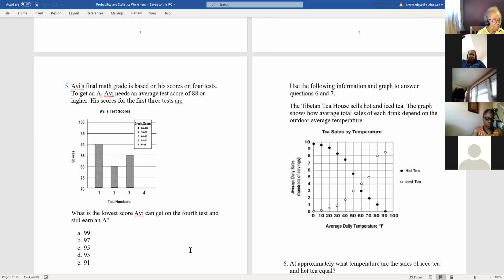I get 95. Why would you divide by 5? Where are you getting 5 numbers from? You have 3 numbers here, right? And it says based on 4 tests, that means 1 more. So it's really 4 numbers, 4 scores, right?